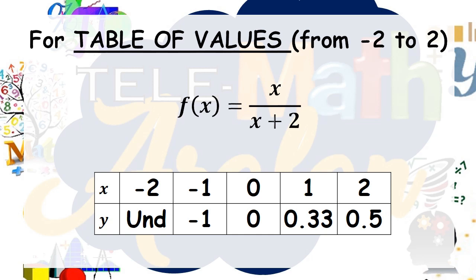We can observe that the value of f of x is undefined when x is equal to -2. It is because when you substitute -2 in the function, the denominator will have a value of 0, whereas in the definition of rational function, we cannot have a denominator equal to 0. So the answer is undefined.